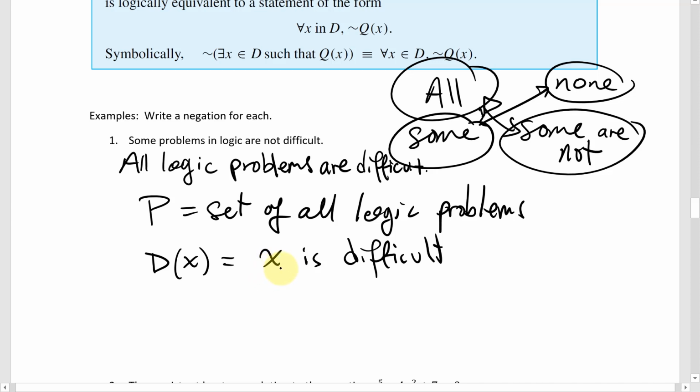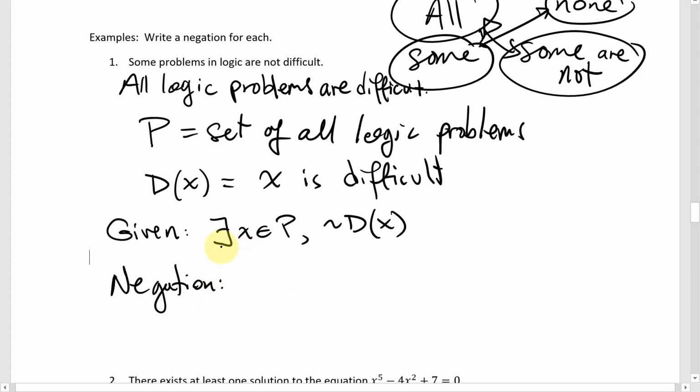So maybe sometimes true, maybe sometimes false, but why don't we state what was given? What was given is some are not difficult. So what was given was there exists X element of the set of problems where not D of X is true, because there exists some problem where difficult is not true. And then the negation of this existential quantifier would be a universal quantifier.